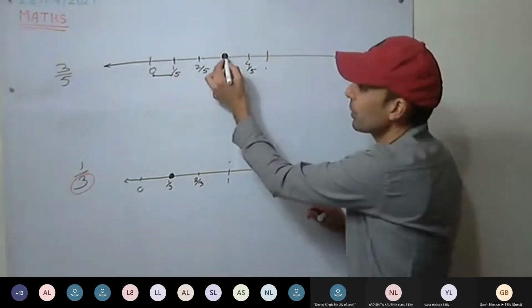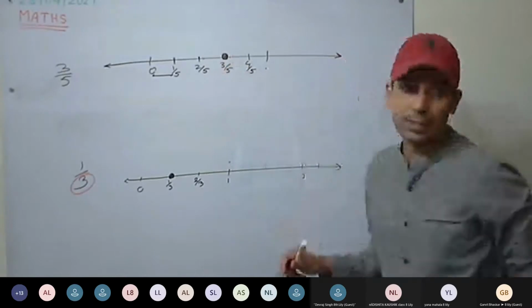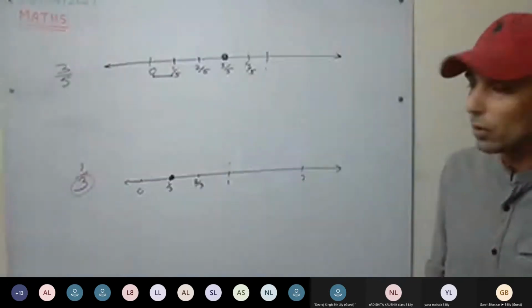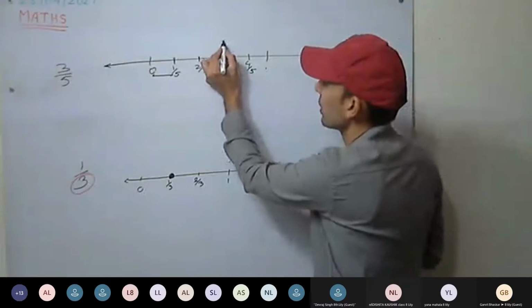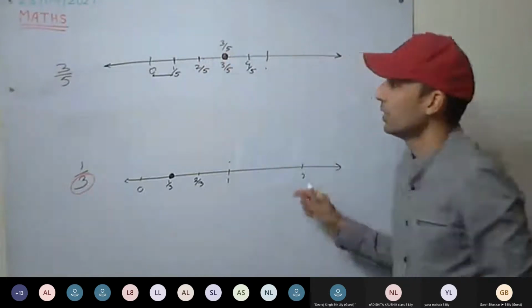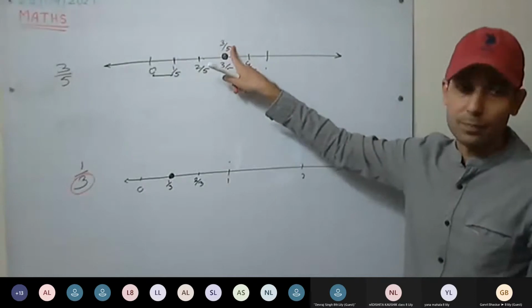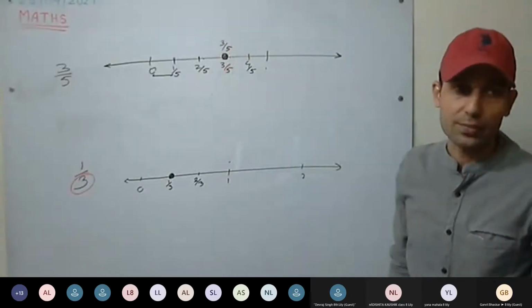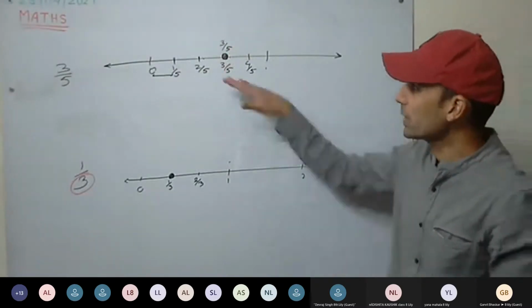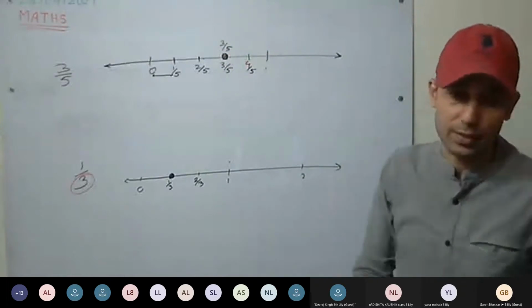And remember, you have to mark it bold. That is 3 by 5. Moreover, you can also write 3 by 5 on top, so it's easily visible that you have marked this.